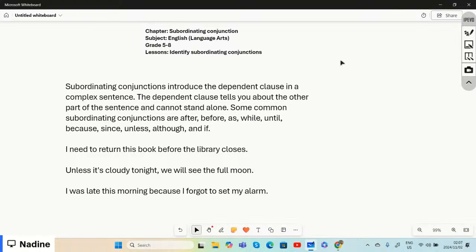A compound sentence is basically two simple sentences joined by a coordinating conjunction. And then we have a complex sentence. It consists of an independent clause as well as a dependent clause, and the dependent clause within that complex sentence starts with a subordinating conjunction.